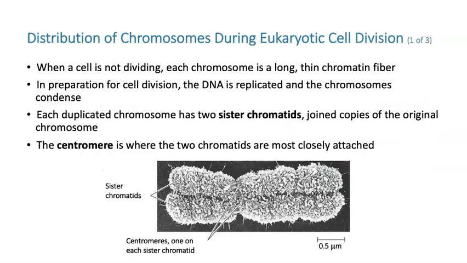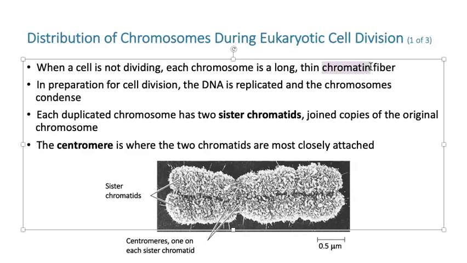Let's take a closer look at what happens to chromosomes during eukaryotic cell division. The first thing is that when a cell is not dividing, the chromosomes are long and thin, and in this stage we use the term chromatin.